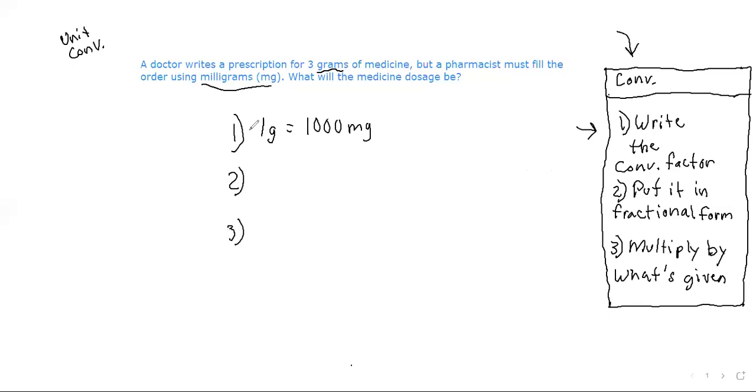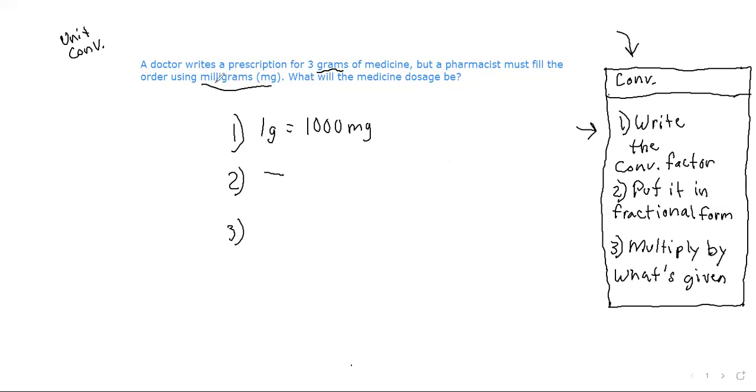The next step is that we cannot use an equivalence in the arithmetic. We have to put it in fractional form so we can use it in arithmetic. That's great because a fraction is two numbers, and the conversion factor is two numbers. We just have to figure out one thing, and that is which number goes on top. The question tells us: whatever units we want to end up with go on top.